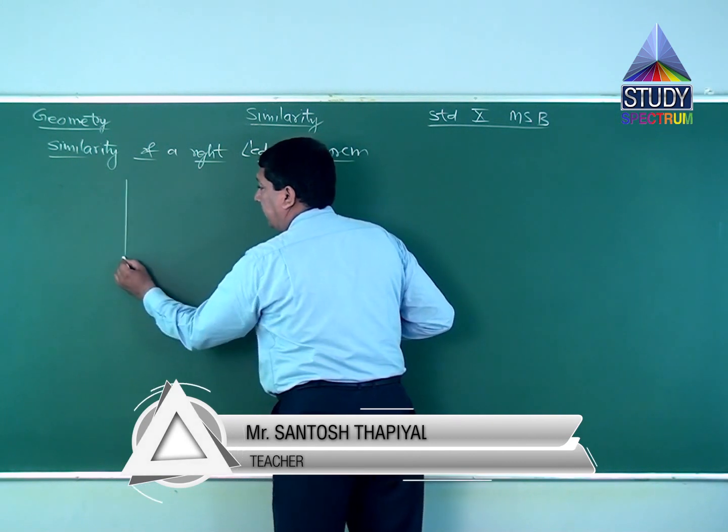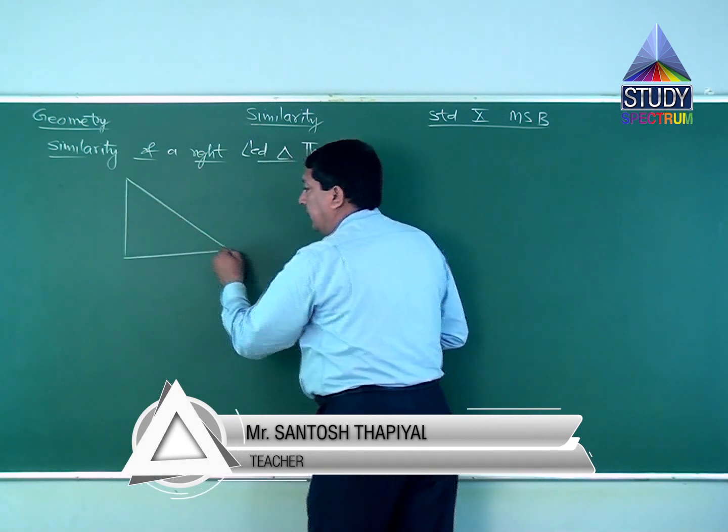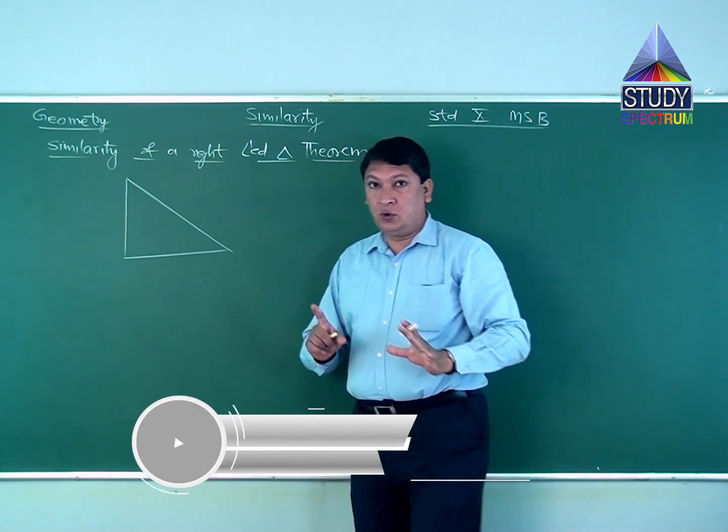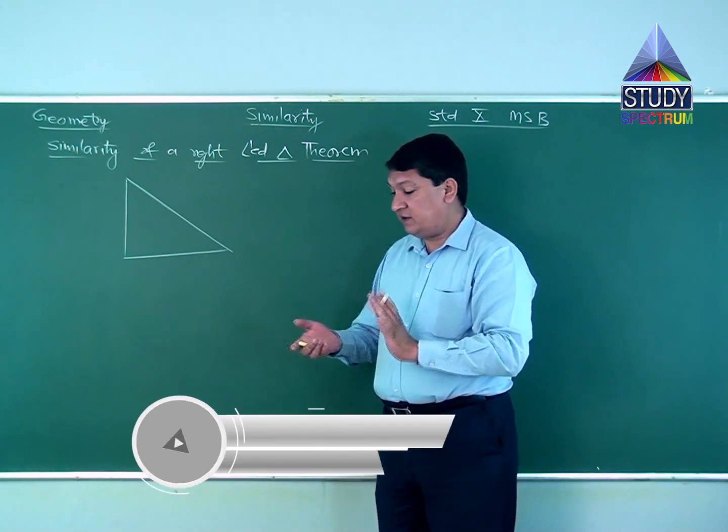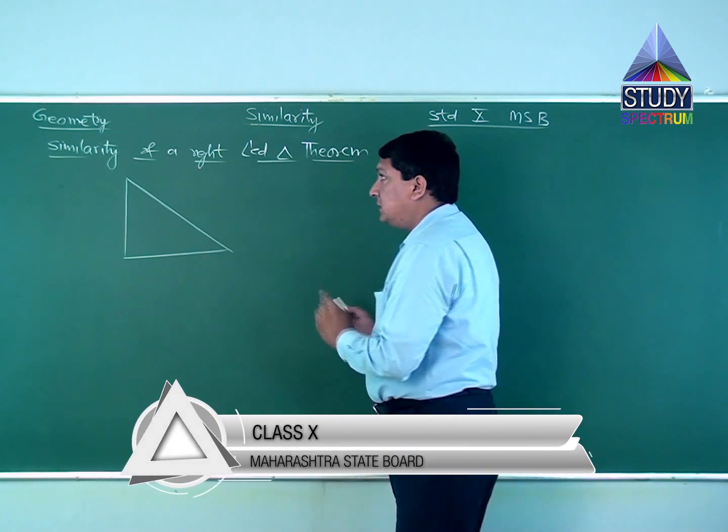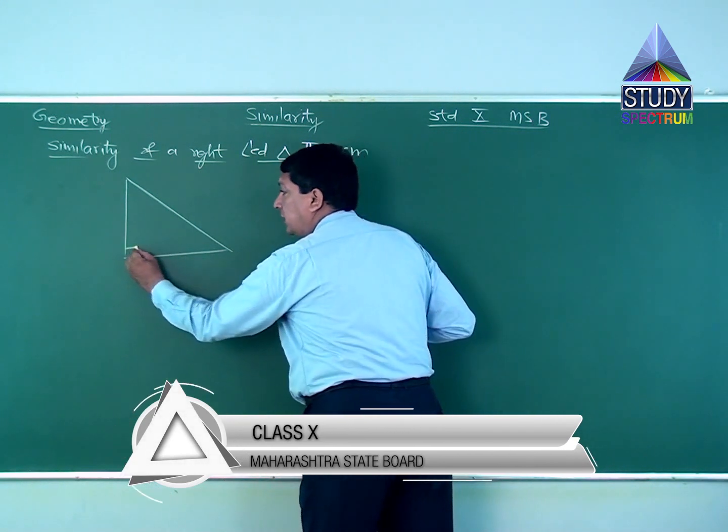So I'll take a triangle again. I'll go very slow to make sure that you understand this theorem very well. First thing, this theorem is applicable only in right angle triangles.